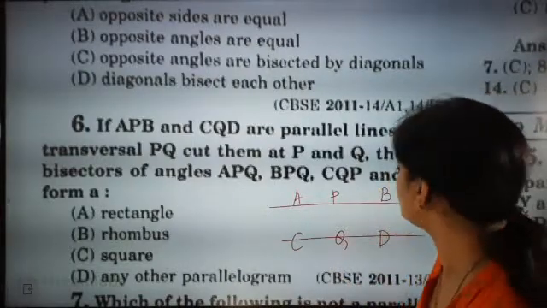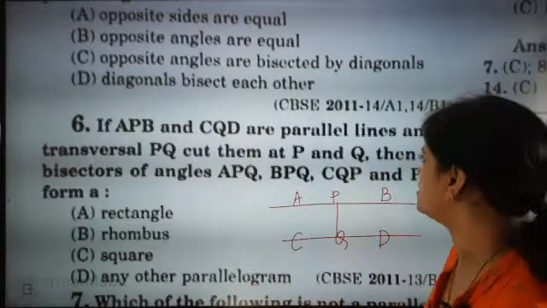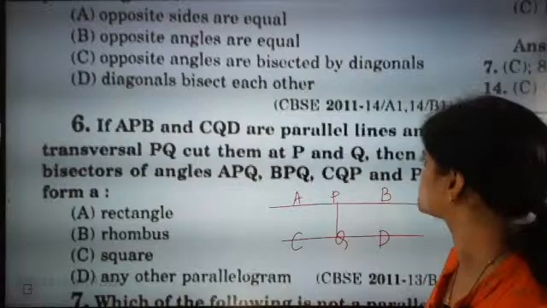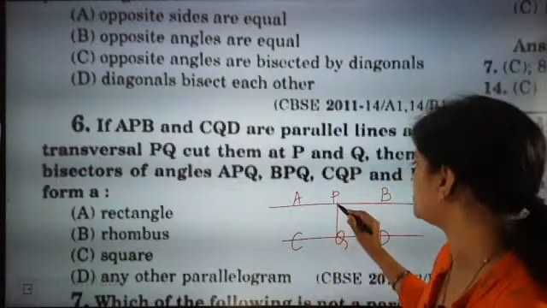And a transversal PQ cuts them at P and Q. Then the bisector of angle APQ.